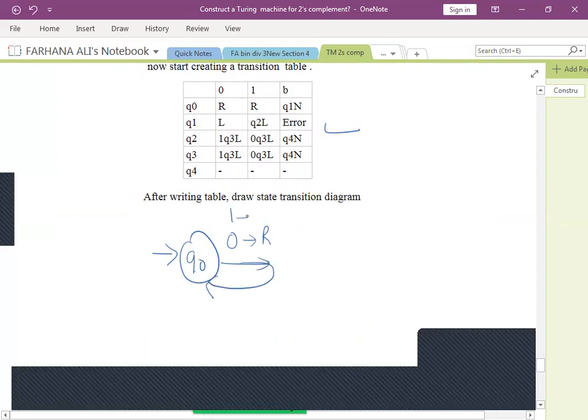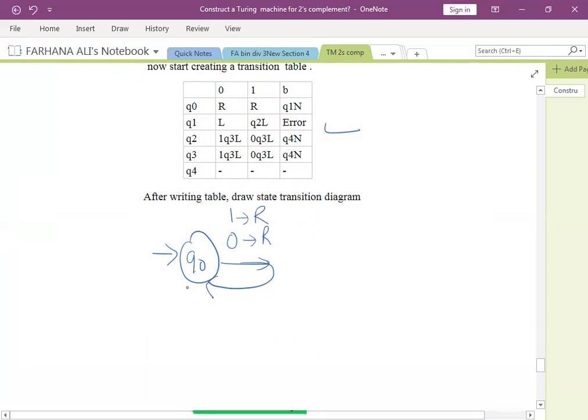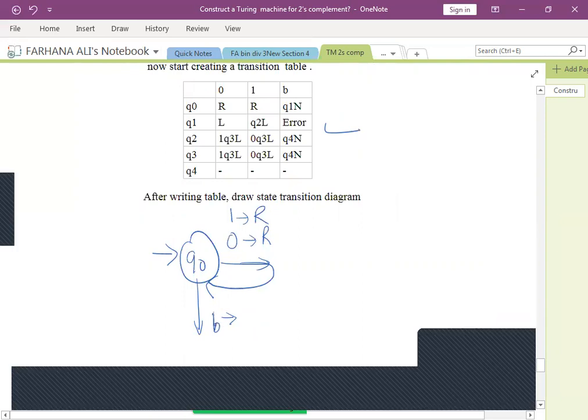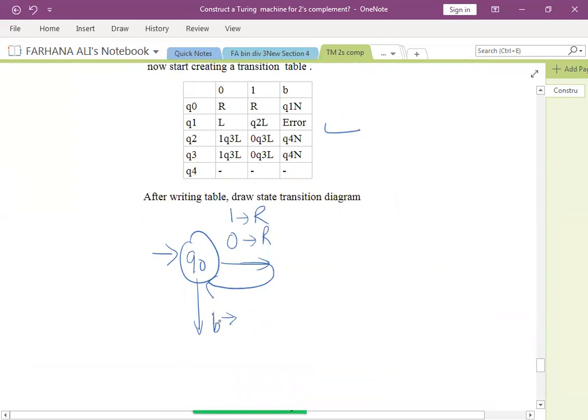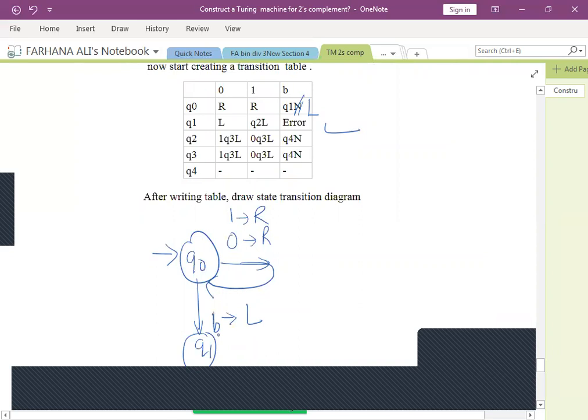Now Q0 with 1 also it will remain in the same state. Q0 with blank, it is going to Q1 state with the left movement.